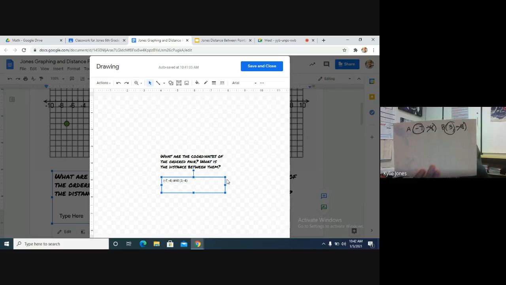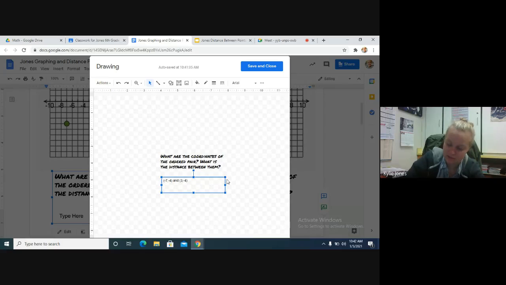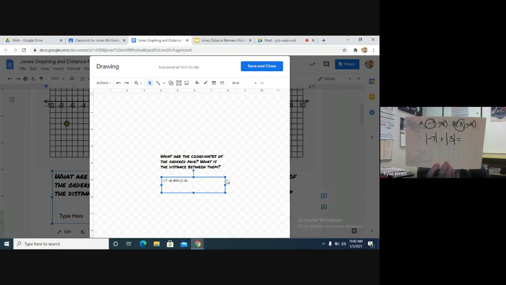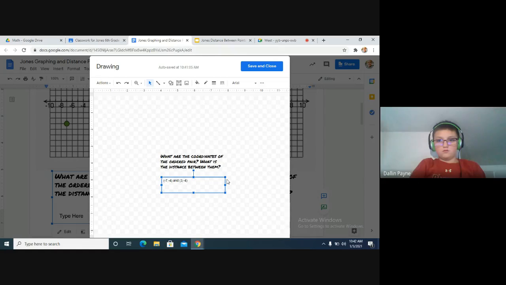So we need to do our absolute values here. So it would be the absolute value of -7 plus the absolute value of 3 if we're writing our number sentence. Okay. So let's do that. What's the absolute value of -7? 7.